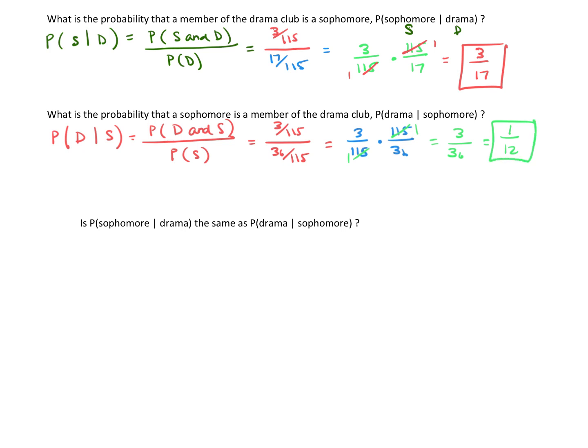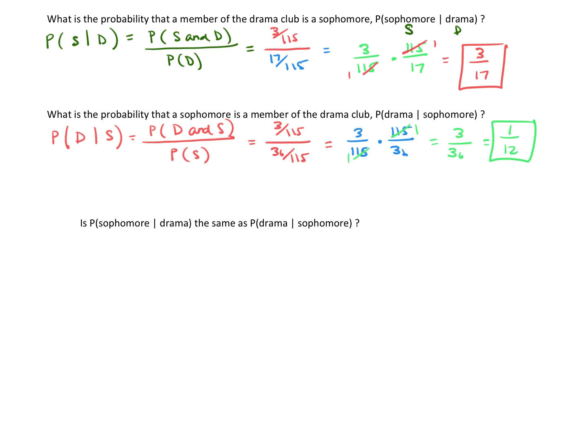So you can see we got 2 different probabilities asking what appear to be similar questions, but actually pretty different. So this last question: is the probability of choosing a sophomore given that they are in drama club the same as the probability of choosing a student in drama club given that they are a sophomore? And we can see right here that no, they are not the same.